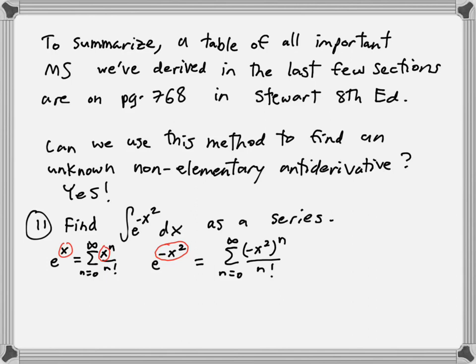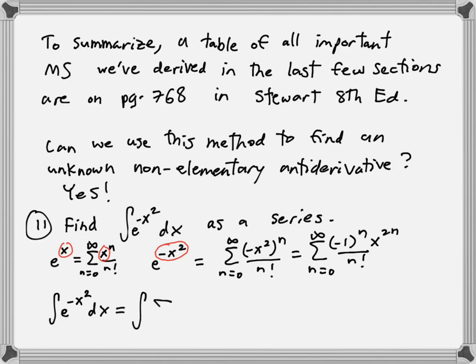And remember, we're about to anti-differentiate this, so we had better split it up. It goes like this, negative 1 to the n, x to the 2n, because that's x squared, over n factorial. So this guy right here is e to the negative x squared. So if we want to take the integral of e to the negative x squared, all we have to do is take the integral of that series, and we know that's really easy to do.